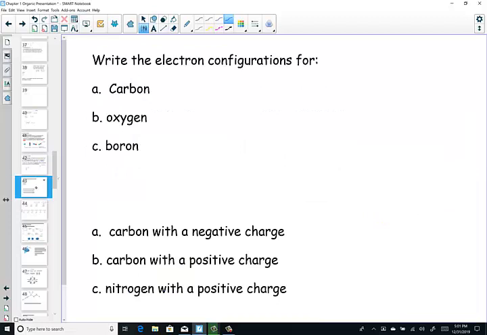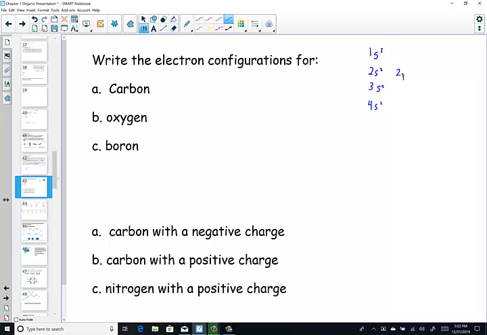When we write electron configurations, let's review. One of the tricks that I like to use, I don't know if it's a trick, but it's just a visual to help me remember, is to write the orbitals in columns. In the first column I'm going to have all the s's, and I remember that s's fill with at most 2. The first energy level only has 1 sublevel, so I'm done with that.